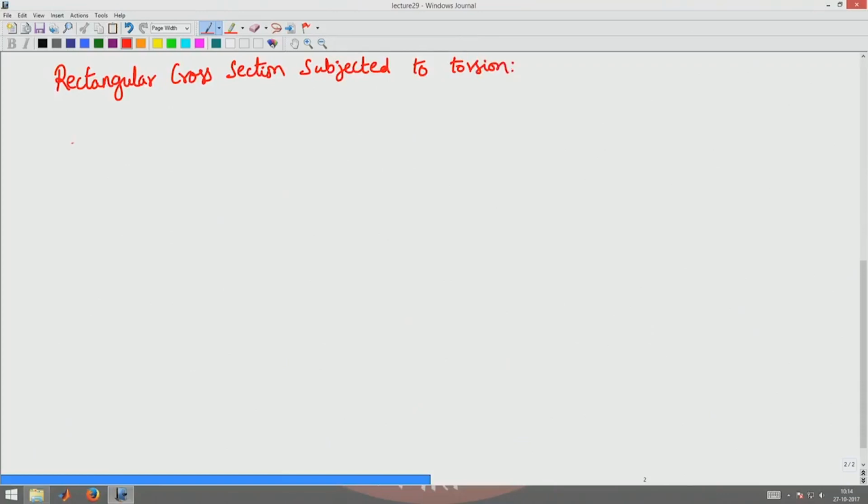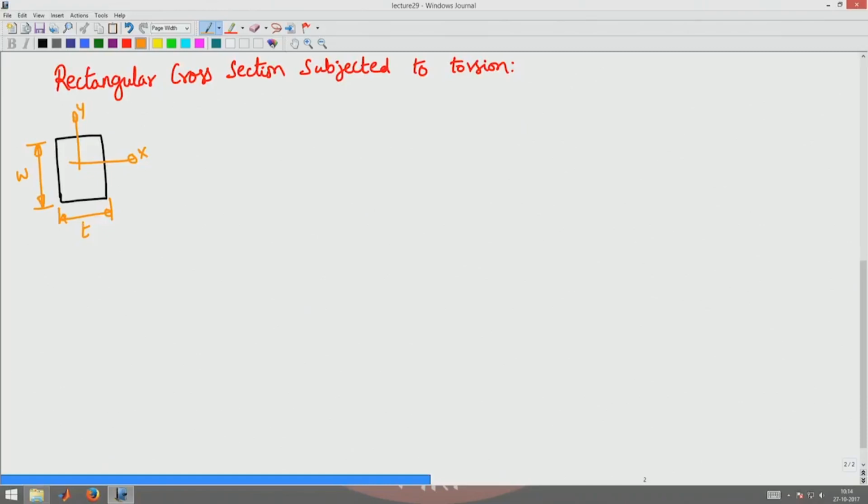That is, I have a rectangular cross section with axes y and x, and let us say this distance is w and this distance is t.